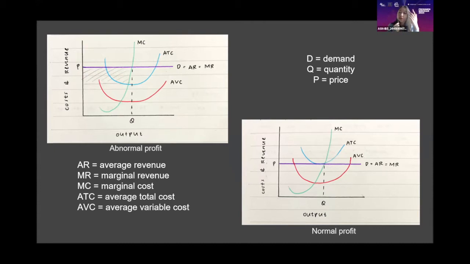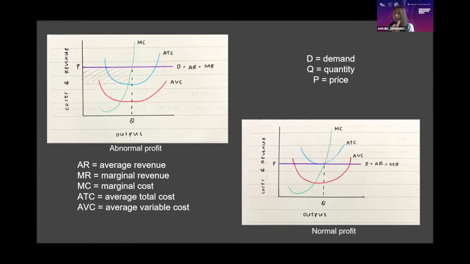The first one, the one on the left, is when the firm earns abnormal profit. We can notice because the demand curve is above the average total cost curve, and when you are earning above your costs, then it means you are earning abnormal profit.